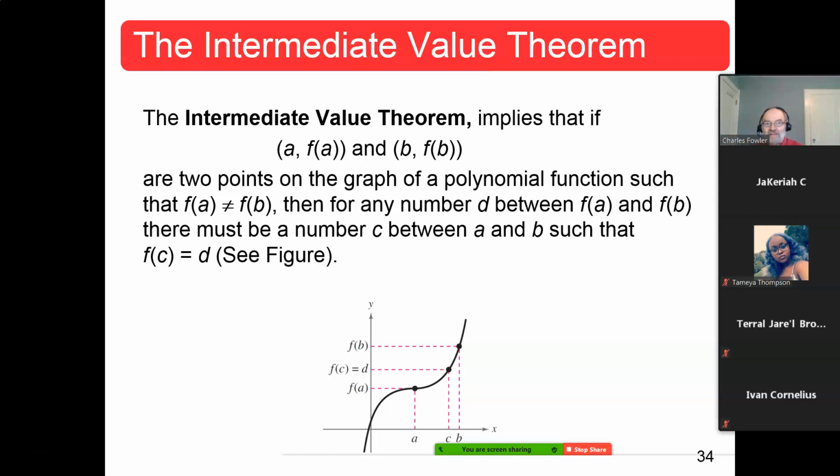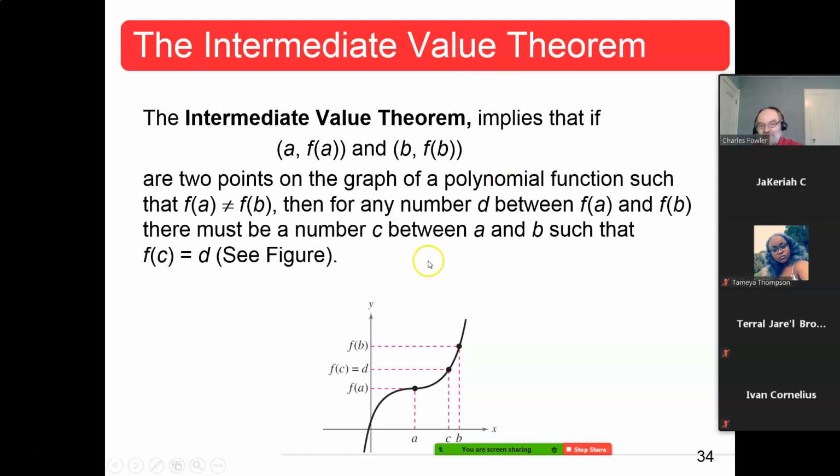Now, then for any number d between f of a and f of b, so here's your f of a, here's your f of b, any d in between, there must be some number c on the x-axis between a and b such that f of c is equal to d. Boy, a lot of letters there, aren't there?